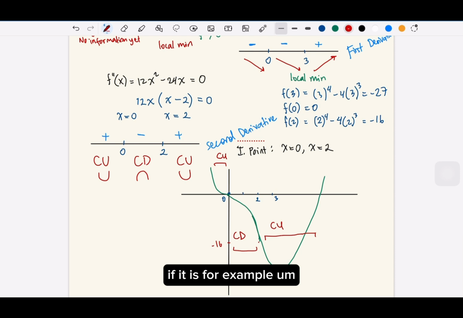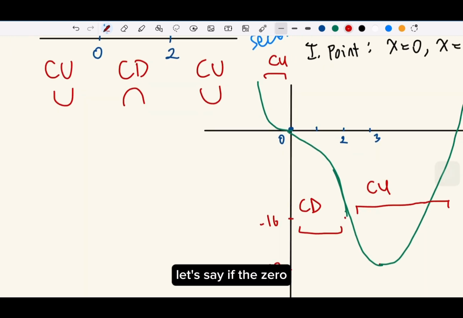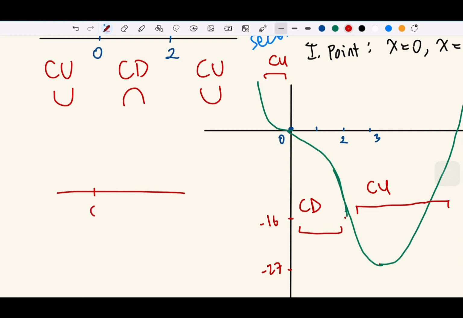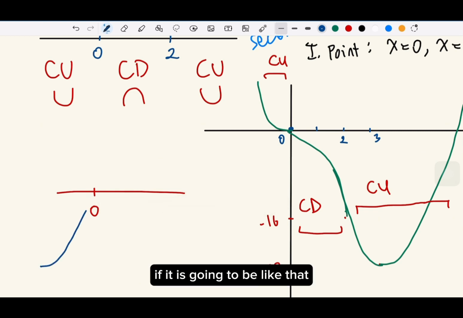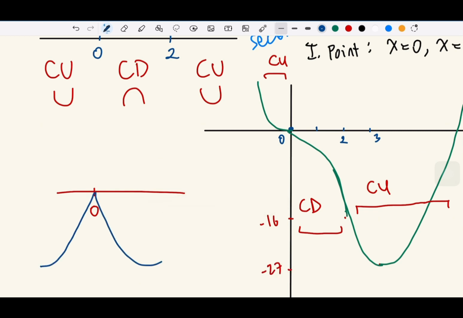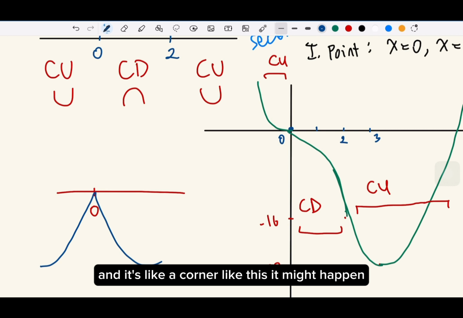If it is, for example, let's say the 0, it is going to be like that. It's upwards and then upwards, so it's positive, positive, and it's like a corner like this. It might happen. So we don't say this is an inflection point.